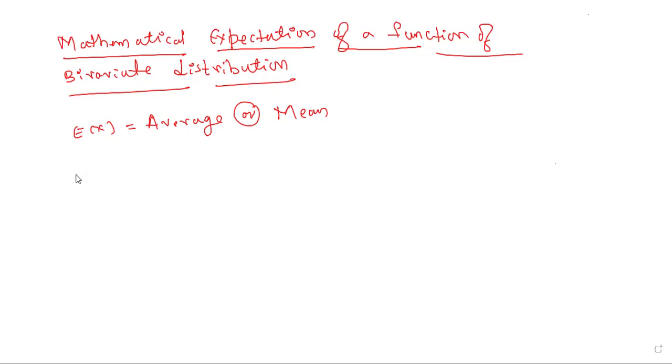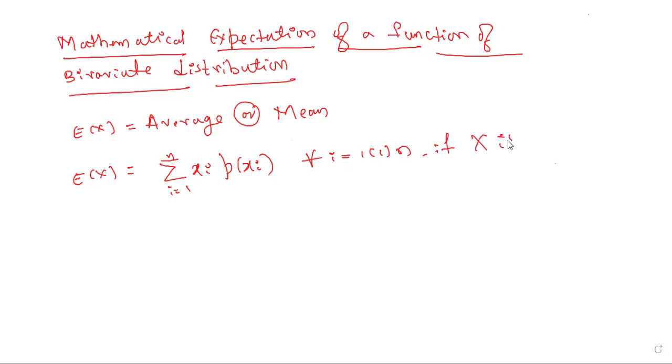We have a certain formula to calculate it: summation i running from 1 to n of xi into probability of xi, if X is the discrete case.